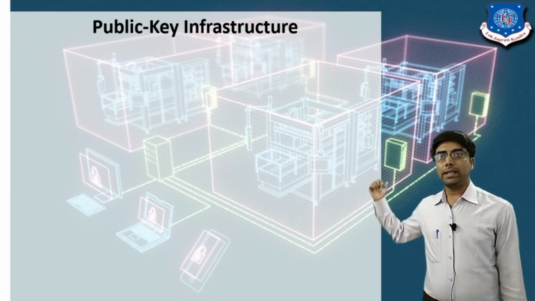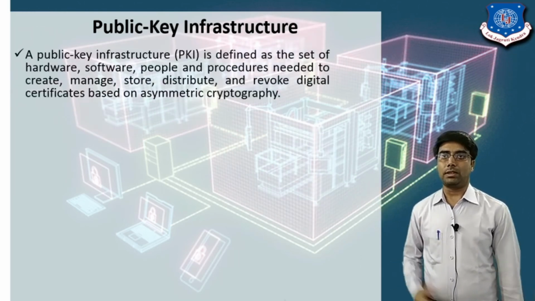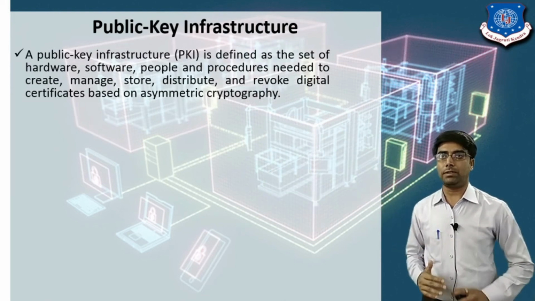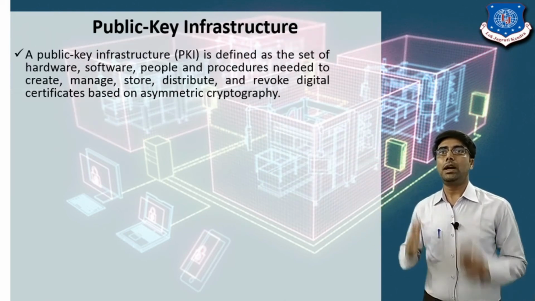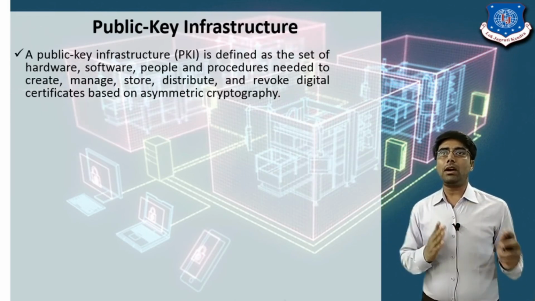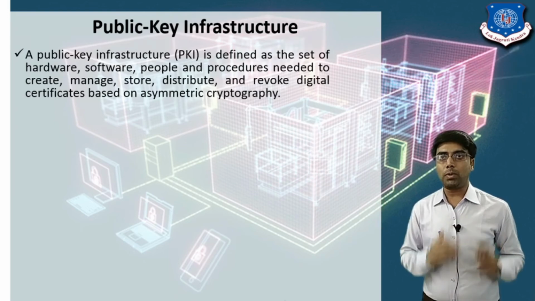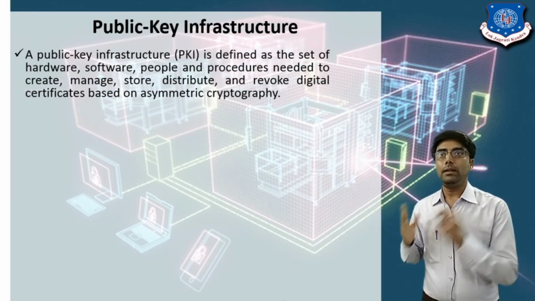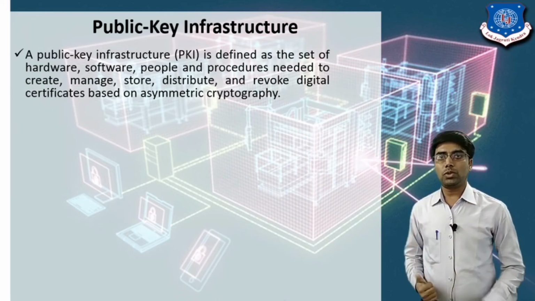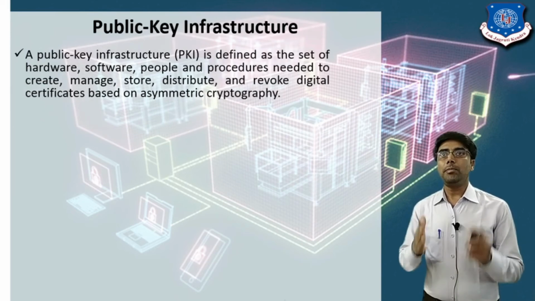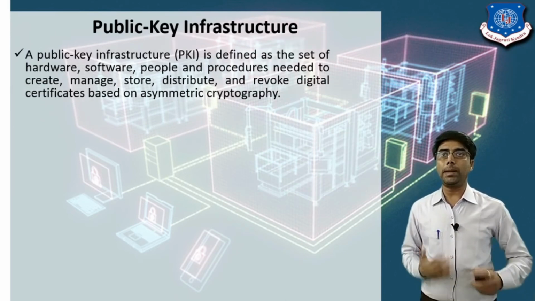Now the next topic is the public key infrastructure. What is public key infrastructure? The public key infrastructure, also called PKI, is the collection of hardware, software, people and procedures needed to create, manage, store, distribute and revoke digital certificates based on asymmetric cryptography.